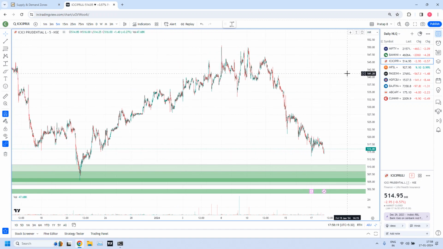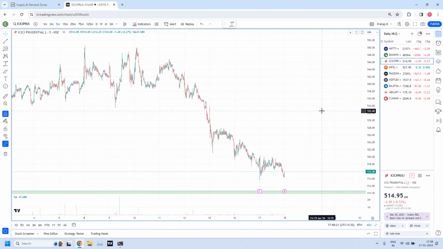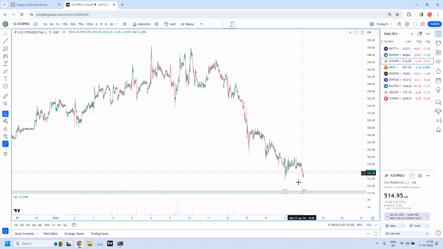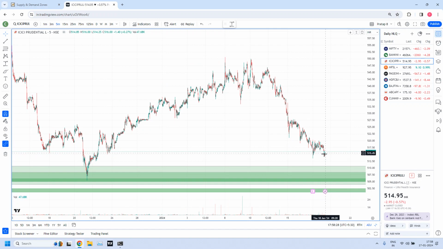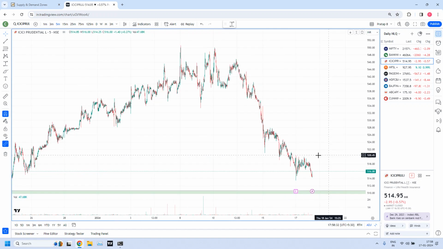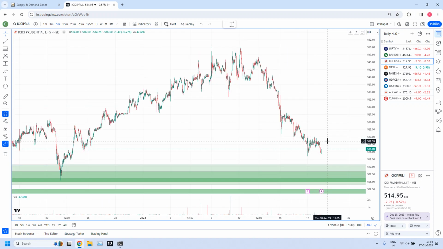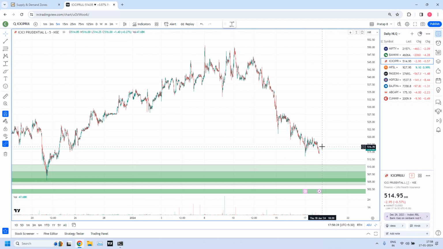But anyway, ICICI Prudential, we didn't get the entry, but most probably tomorrow also, if today's report identifies stocks near the demand zone, you may get this zone triggered. But again, the algorithm is calculating volatility conditions in the market.